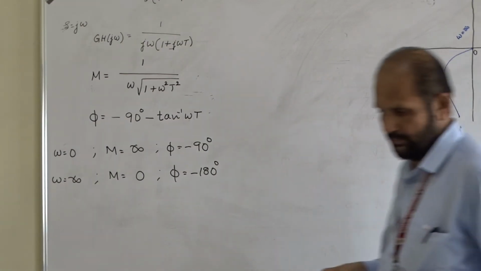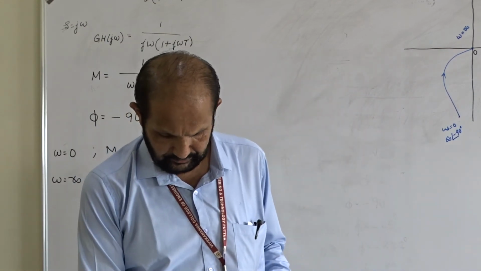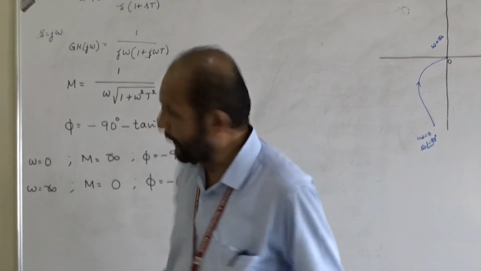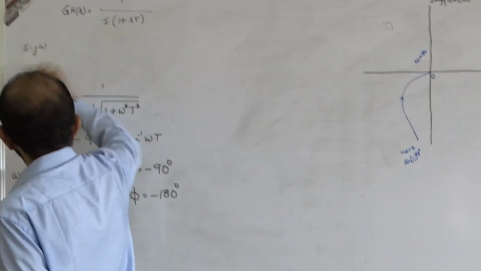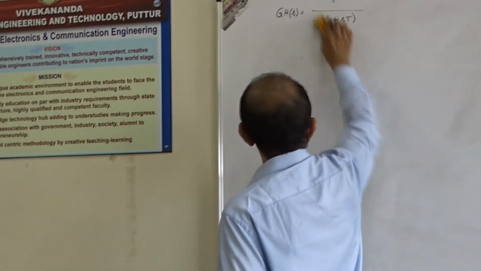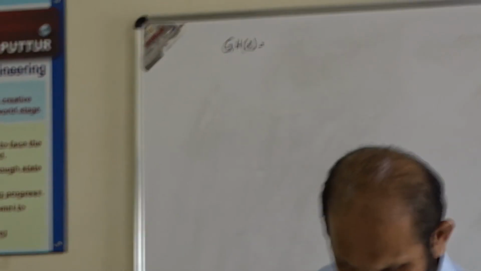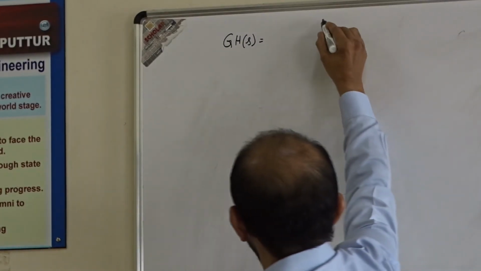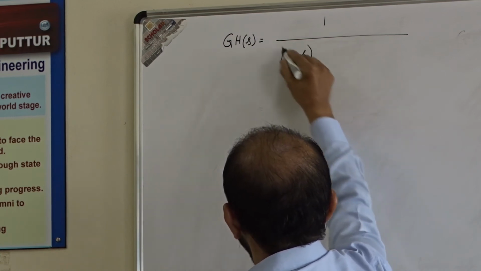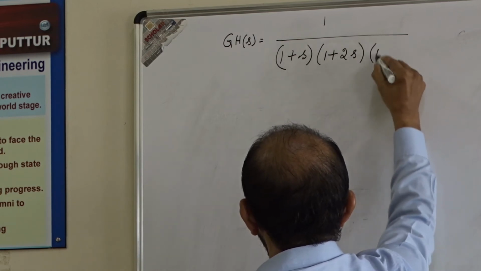So I will take one more, the last problem. The open loop transfer function is given by GH of s equal to 1 divided by (1 plus s) into (1 plus 2s) into (1 plus 3s).